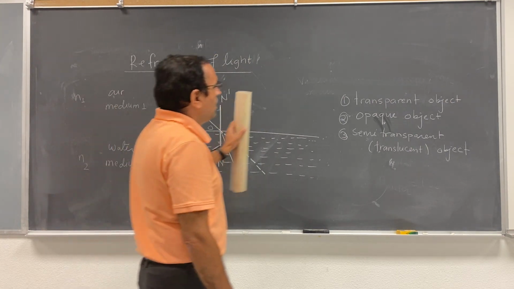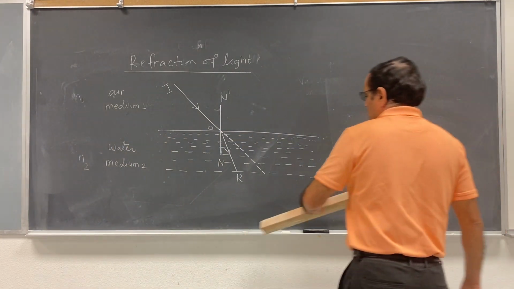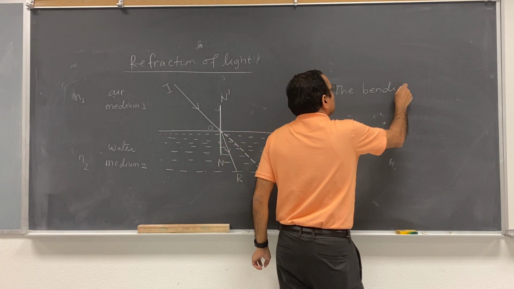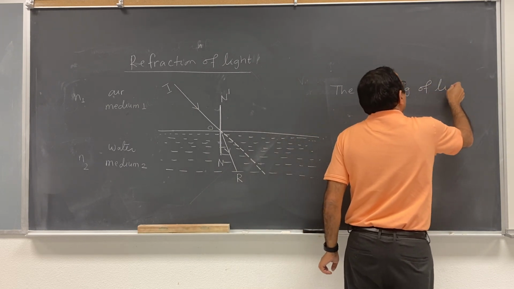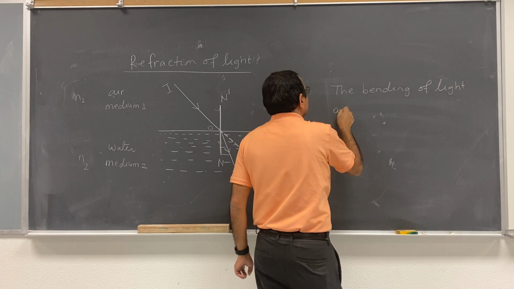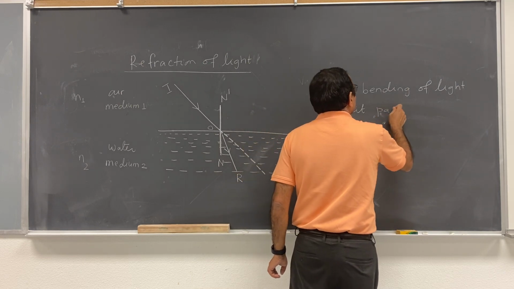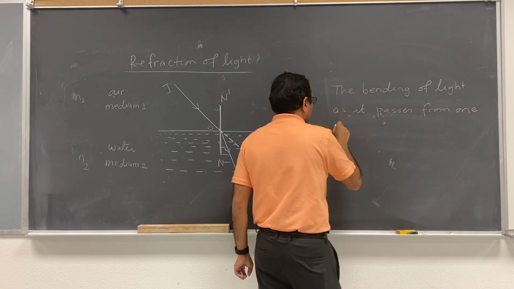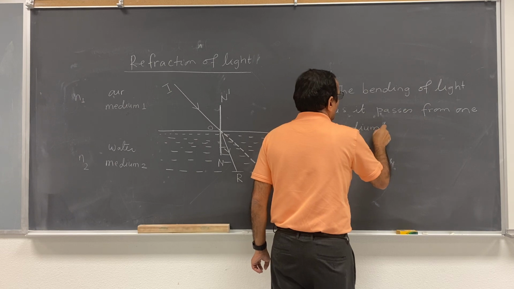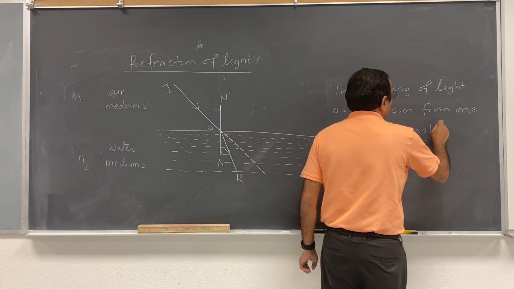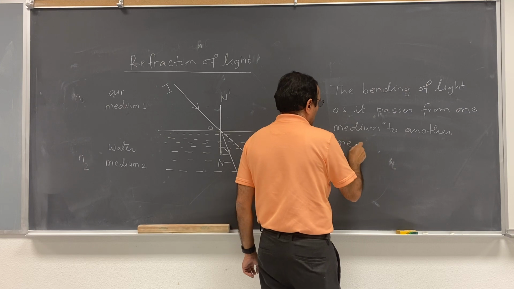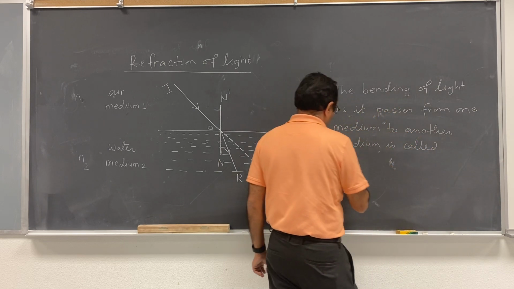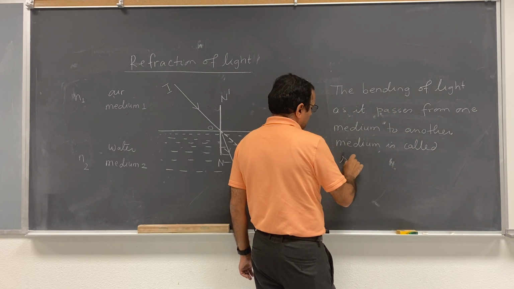If you want to write it down, you can write like this: the bending of light as it passes from one medium to another medium is called refraction of light.